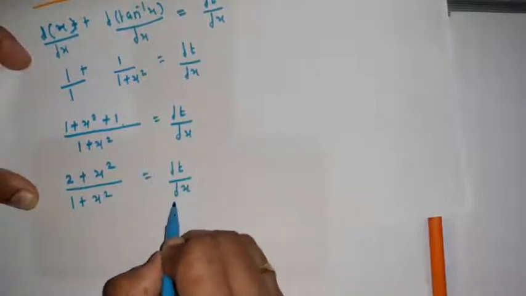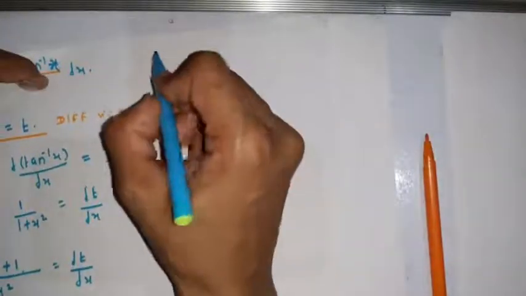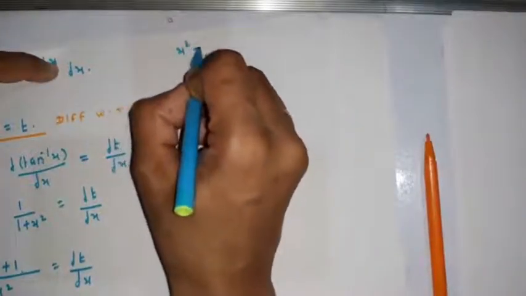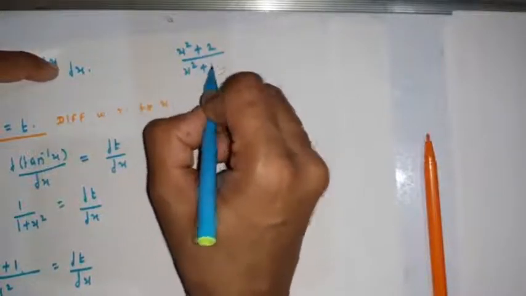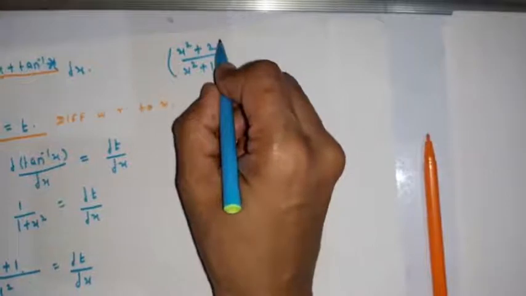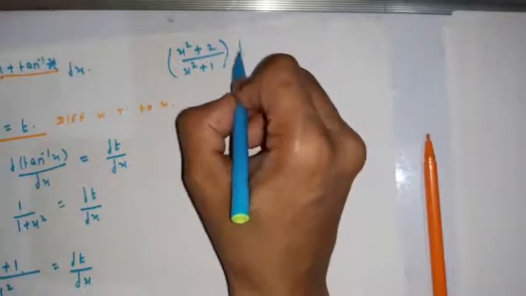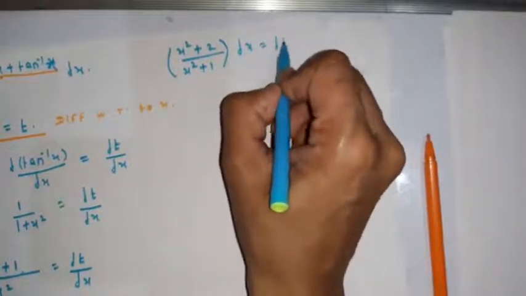Okay students, now shift this dx to the other side, we will get x square plus 2 upon x square plus 1 into dx equal to dt.